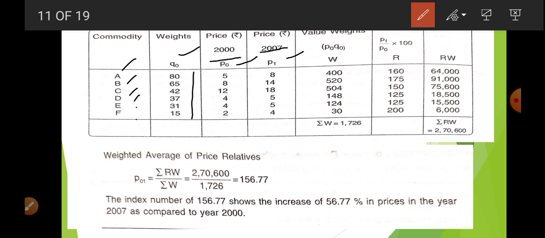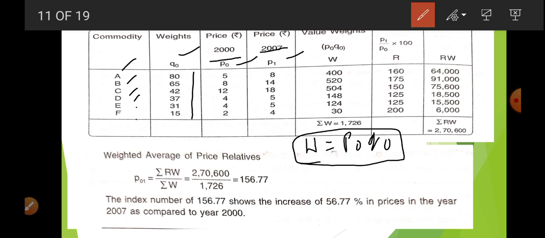So first of all, we are going to calculate W. How are we going to calculate it? Price of the current year multiplied by quantity of the current year. This is the equation for getting the value of weight. So here you can see 80 multiplied by 5, then 65 multiplied by 8, then 42 multiplied by 12, and we get 504.